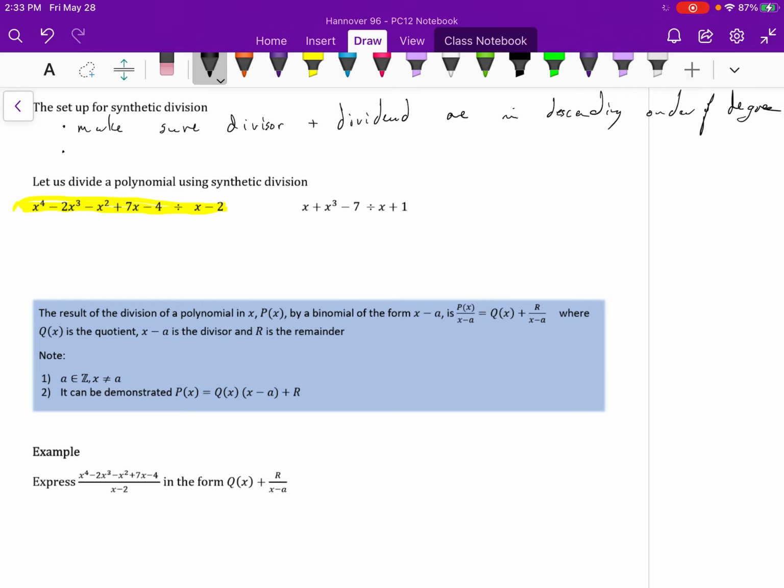So that's kind of important. We have to also ensure all zero coefficients are included.